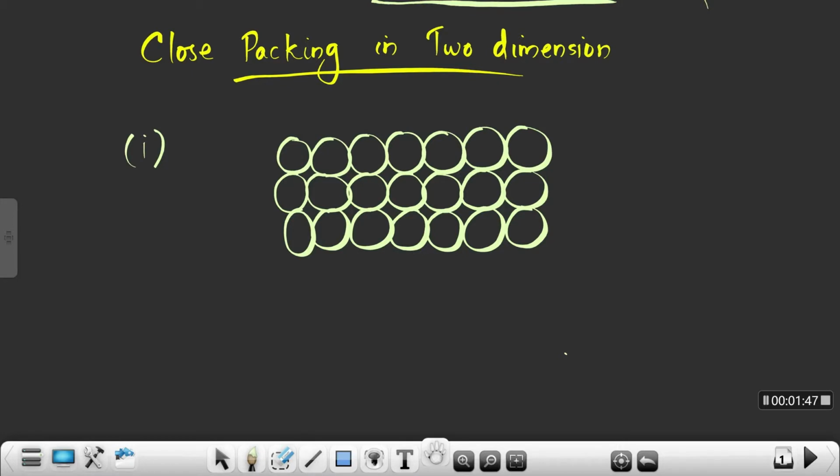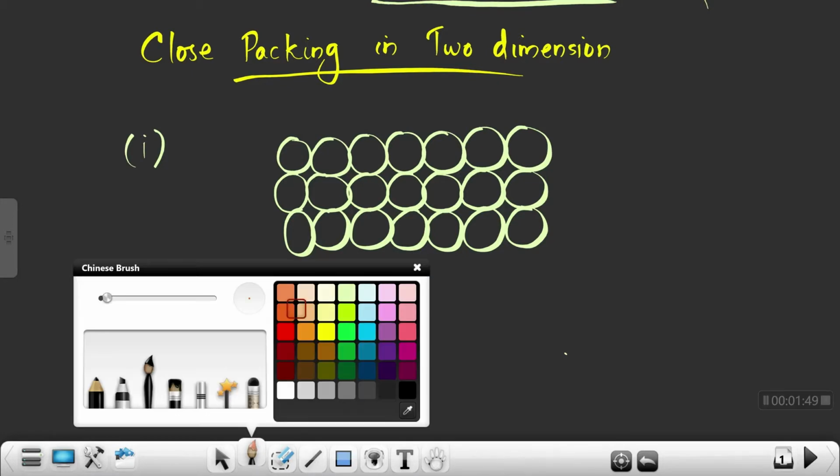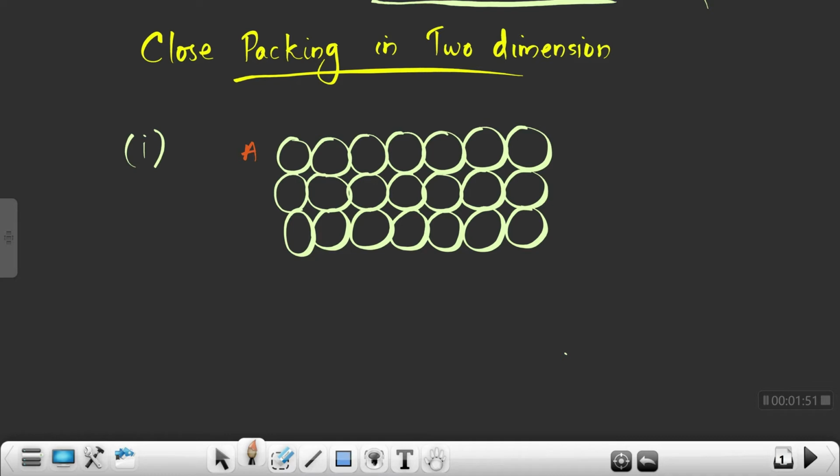Consider the figure. If we call the first row A, the second row is very similar to the first row, so it is also A, and the third row is also identical. So this type of arrangement is called AA type arrangement. In this arrangement, each sphere is in contact with 4 of its neighbors.